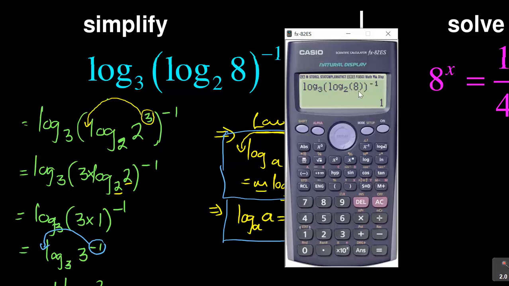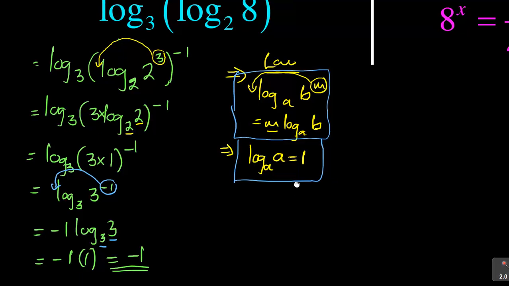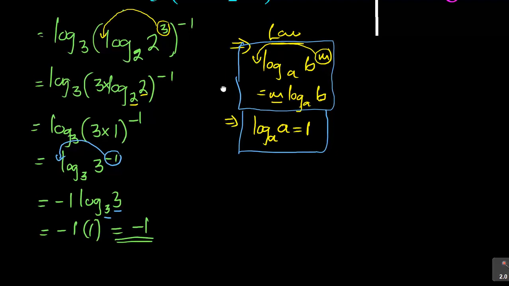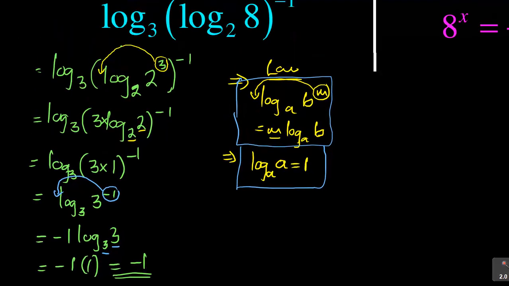So I need to check if there is an error that I made. Let's verify again. Log base 3, and then log base 2 of 8, close the bracket, to the power of -1, equal to, it gave me a 1. So let me check if there is a part that I made an error in simplifying, so that I can see where I might have lost that part.